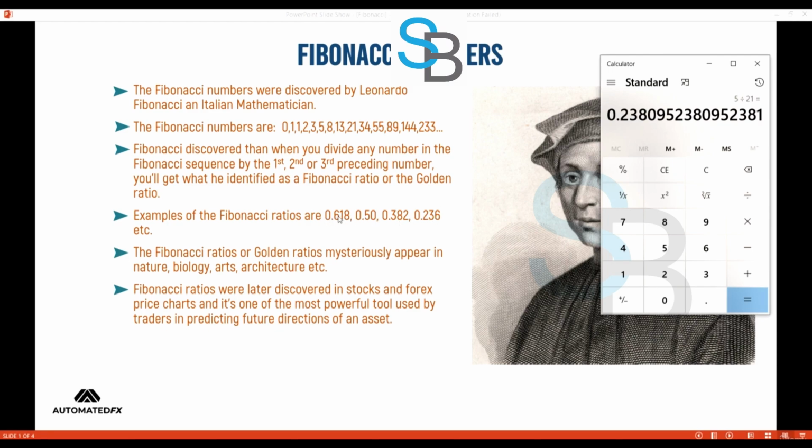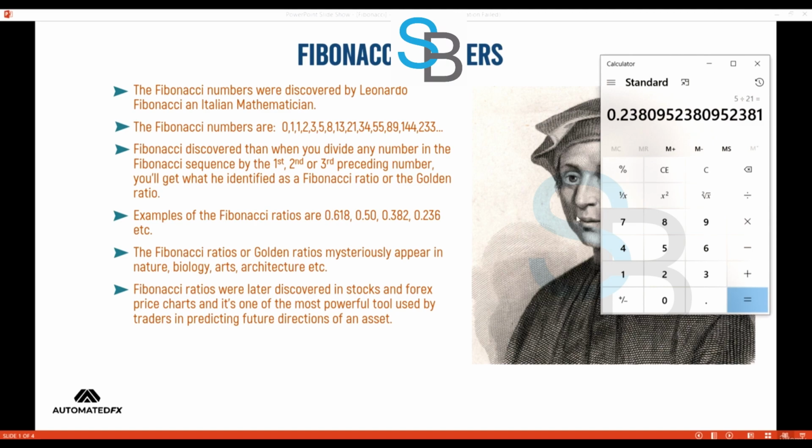It might not be very exact to every decimal point, but it's approximately this. The thing is, the Fibonacci ratios or golden ratios mysteriously appear in nature, in biology, in arts, in architecture, etc. So that's one mysterious thing that he found out.